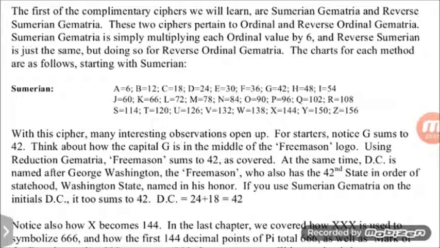At the same time, DC is named after George Washington, the Freemason, who also has the 42nd state in order of statehood, Washington State, named in his honor. If you use the Sumerian gematria on the initials DC, it too sums to 42. DC equals 24 plus 18 equals 42.